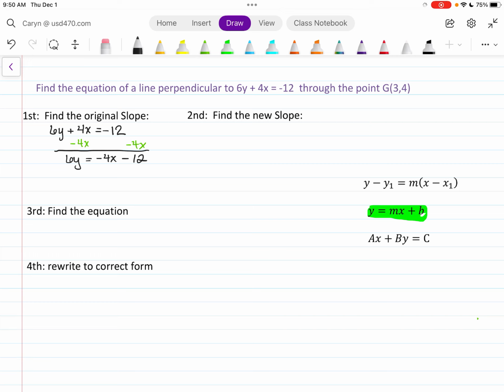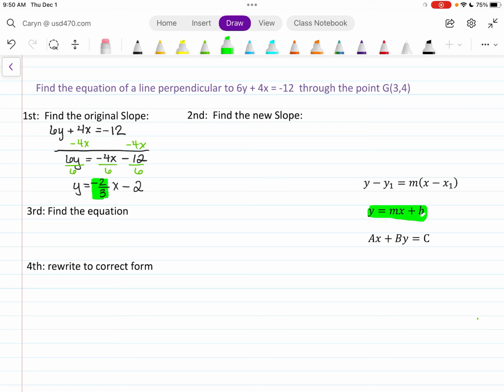Let's divide everything by 6. And we get y equals, now let's see, we need to reduce that fraction. So negative 4/6 turns into negative 2/3 x. And 12 divided by 6 turns into 2. So that means my original slope was negative 2/3.